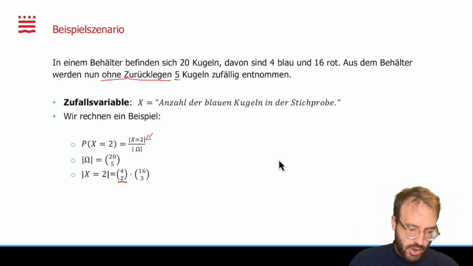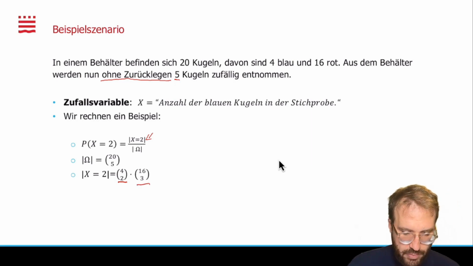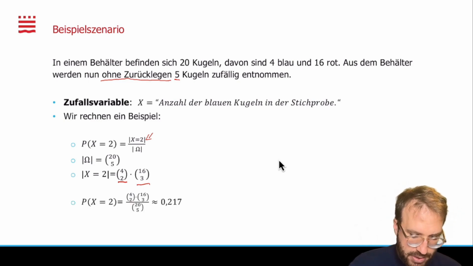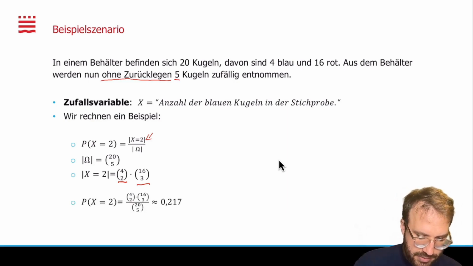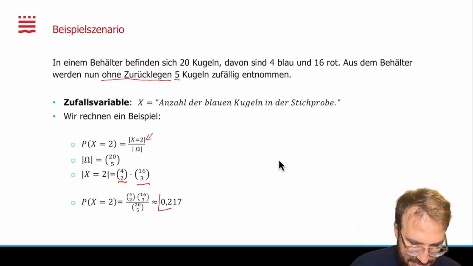Then we need to draw 3 balls from the 16 red balls, which is 16 choose 3, adding up to 5 balls. The product of the two is then the number of possibilities. Now we can simply form the quotient, and as a result, with the calculator, we get 0.217.